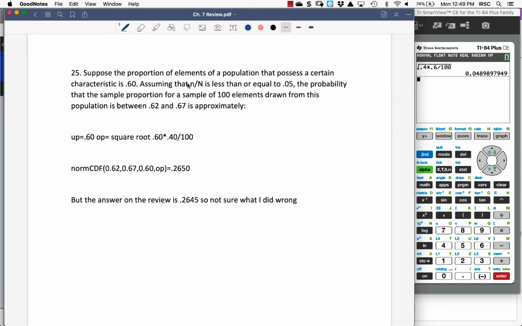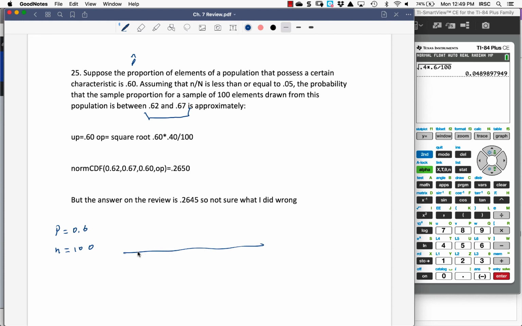Suppose the proportion of elements of a population that possess a certain characteristic is 0.6. Again, 0.6 is a p-hat type problem, so it looks to me like p equals 0.6. This condition is met. The probability that the sample proportion for a sample of 100, so n equals 100, is between these two values.